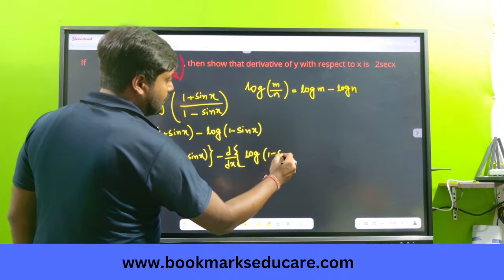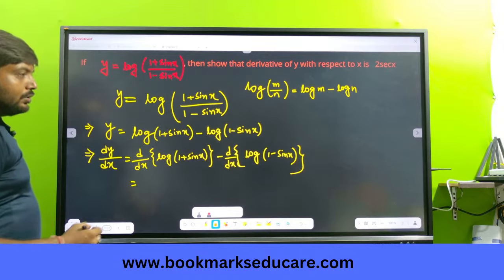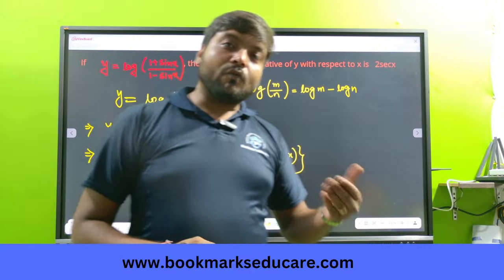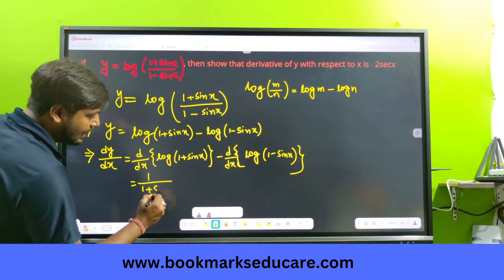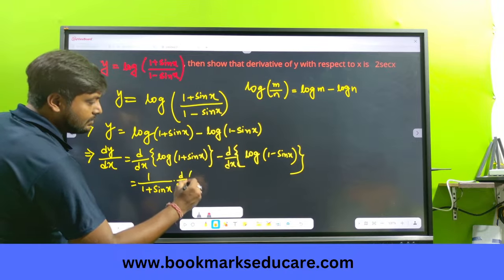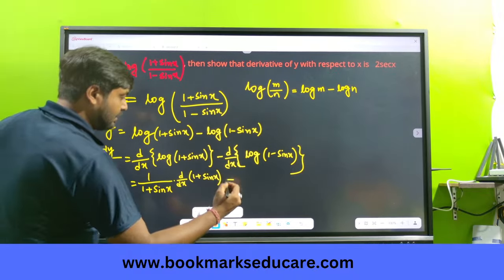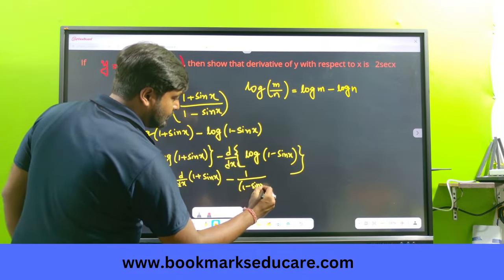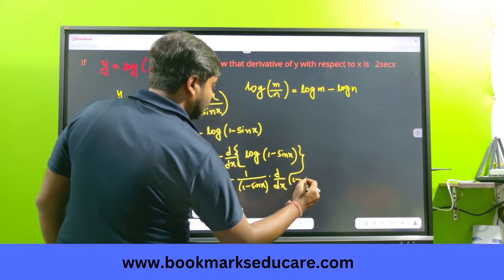We know the derivative of a logarithmic function is 1 by x. So it will be 1 by (1 plus sin x) into further the derivative of 1 plus sin x, minus 1 by (1 minus sin x) into d/dx of 1 minus sin x.